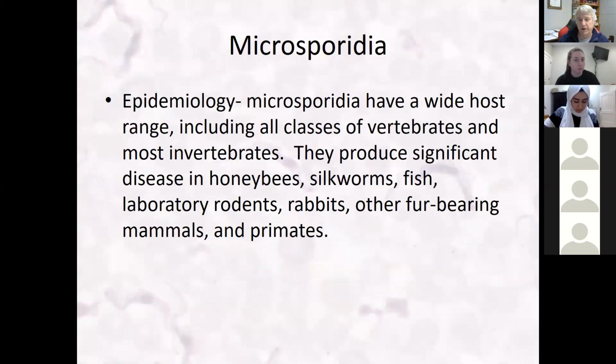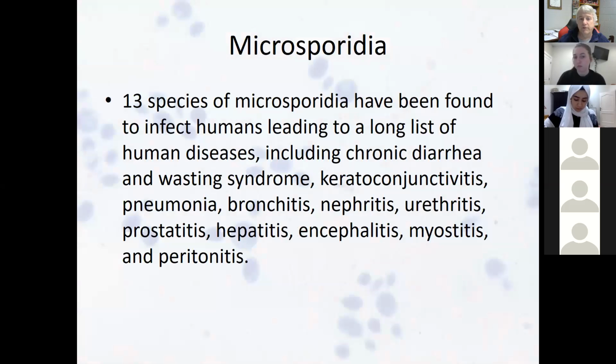Epidemiology: the Microsporidia have a wide host range, including all classes of vertebrates and most invertebrates. They produce significant disease in honeybees, silkworms, fish, laboratory rodents, rabbits, other fur-bearing mammals, and primates. There's 13 species of Microsporidia that infect humans.